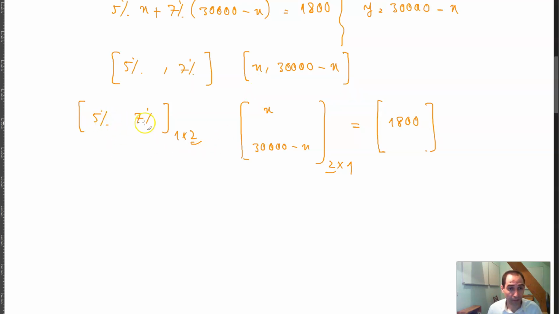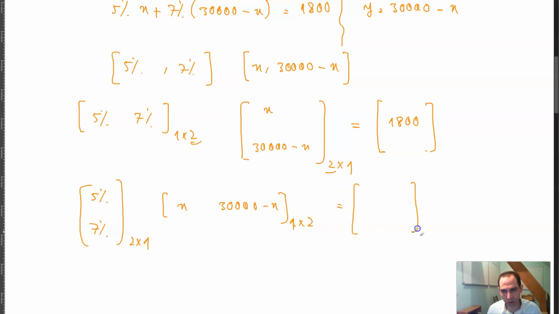Now there is something here you can pay attention to. If I write 5% and 7% as a column matrix, a 2 by 1 matrix, and write x and 30,000 minus x as a row matrix, a 1 by 2 matrix, multiplication would be defined. But then in the process of matrix multiplication, I would get a 2 by 2 matrix, which is not what I need.